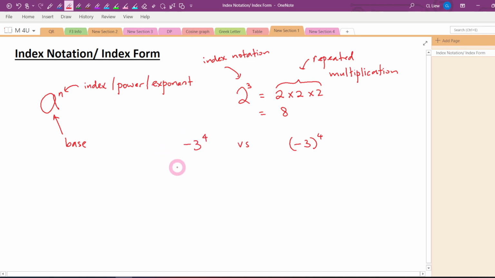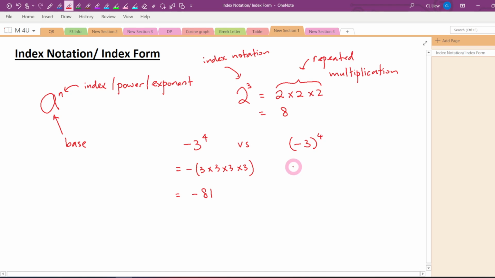So for this one, the power 4 is only for 3, not for the negative. So it means that the negative is just 1 time, but 3 is repeated 4 times. 1, 2, 3, 4. So the answer is negative 81.